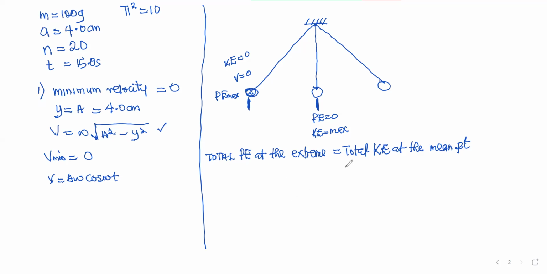If we are looking for the total mechanical energy at the mean point, don't forget, mechanical energy is KE plus PE. And at the mean point, the total mechanical energy will be equal to the maximum kinetic energy. This is because at the mean point, PE is 0. So the mechanical energy will simply be equal to the total kinetic energy.